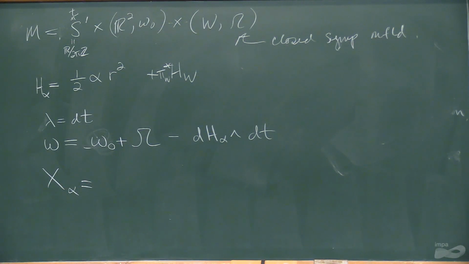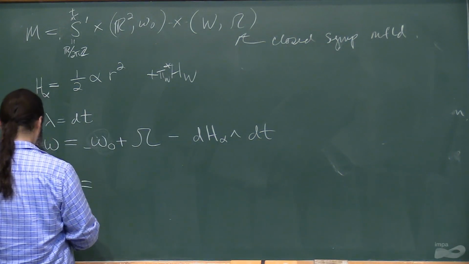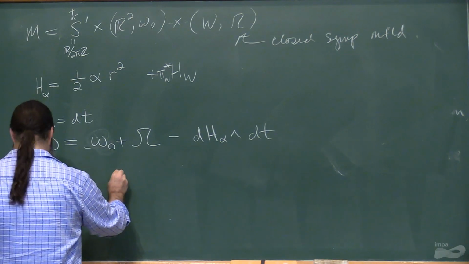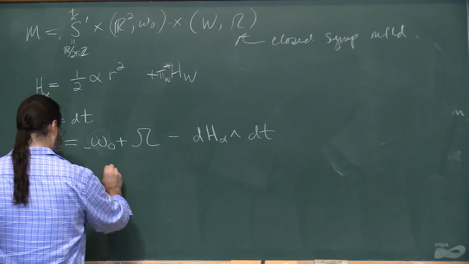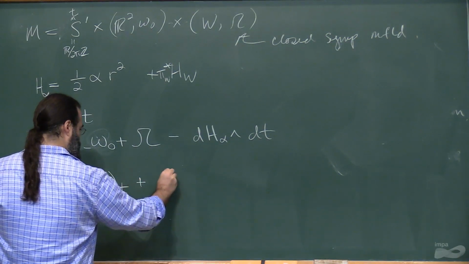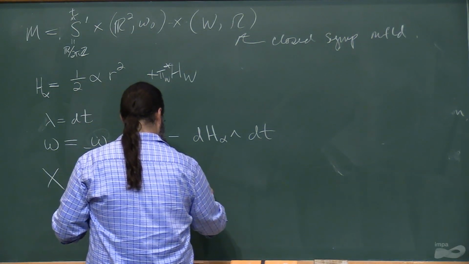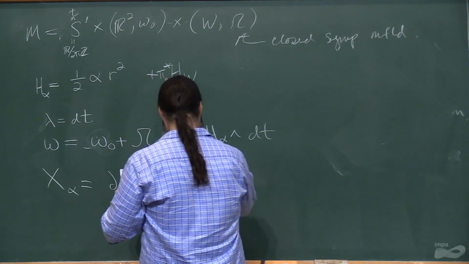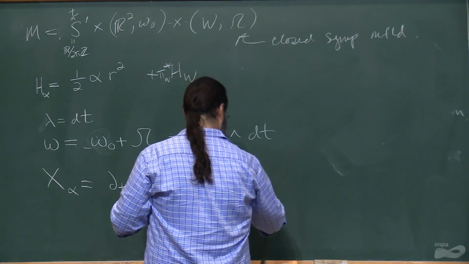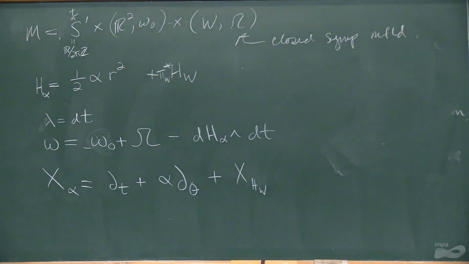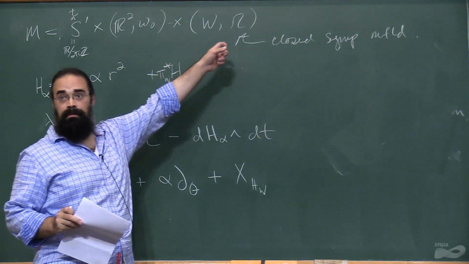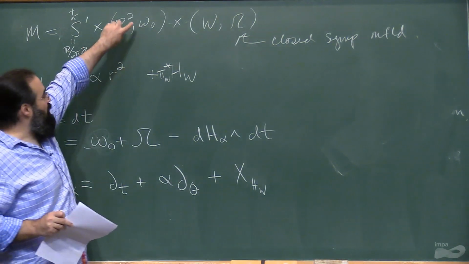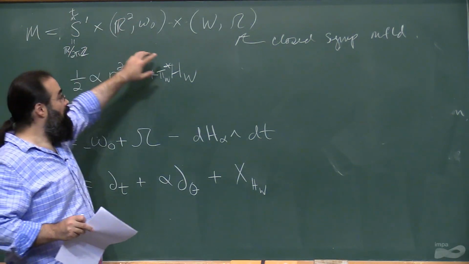The Reeb vector field is, or actually let me write it like this, it should be d/dt plus alpha d/d theta, where theta is the polar coordinate here, plus the Hamiltonian vector field in this component. Okay, so the dynamics here, transverse, are just going to be rotating here, and just whatever they do there.